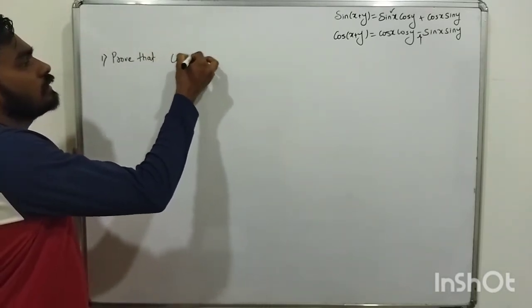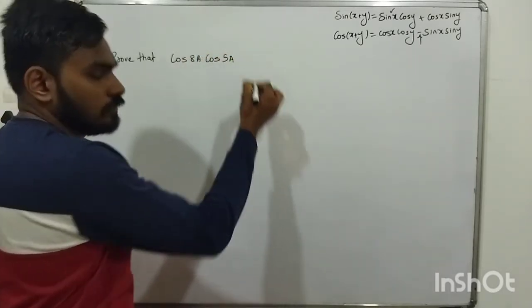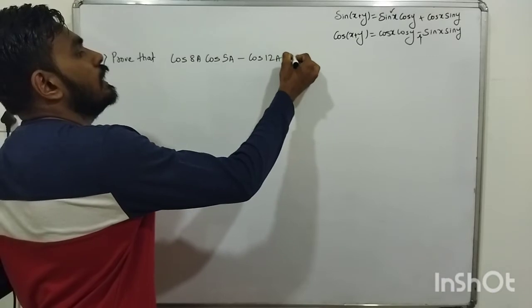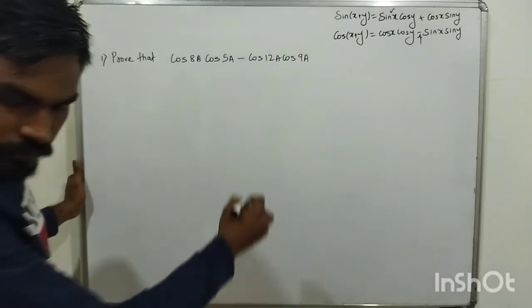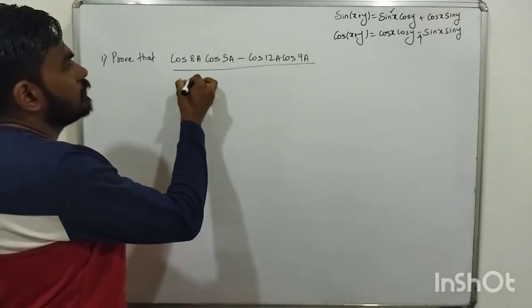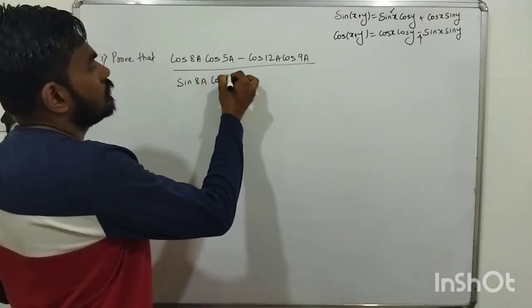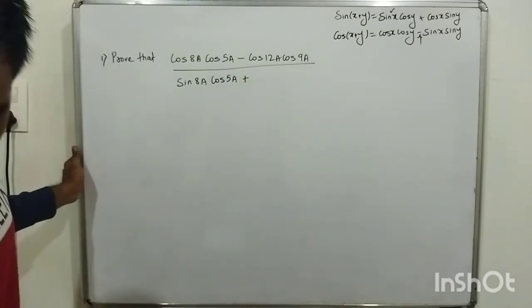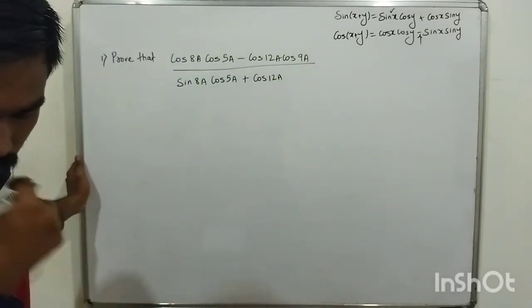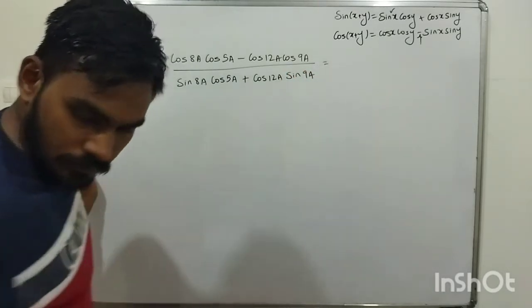So cos 8a cos 5a minus cos 12a cos 9a upon sin 8a cos 5a plus cos 12a sin 9a is equal to tan 4a.